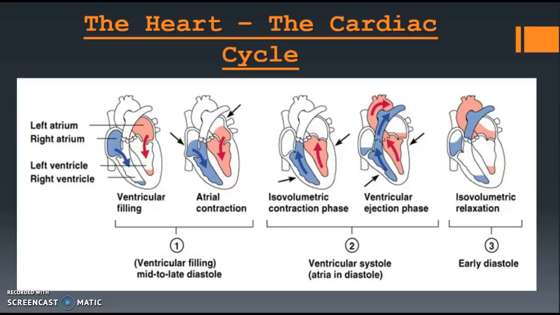Then we have ventricular systole, when the bottom two chambers contract, which pushes the blood through the pulmonary valve and the aortic valve to the pulmonary artery and the aorta. The ventricular contraction basically ejects the blood out of the ventricles into the two different circulation systems.